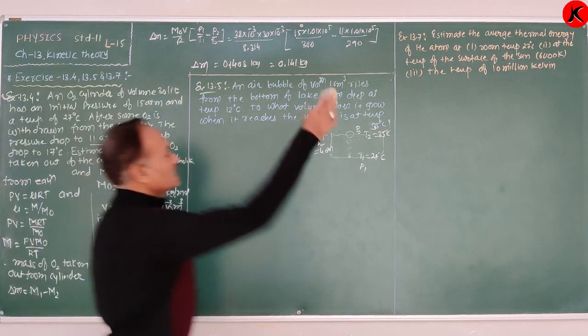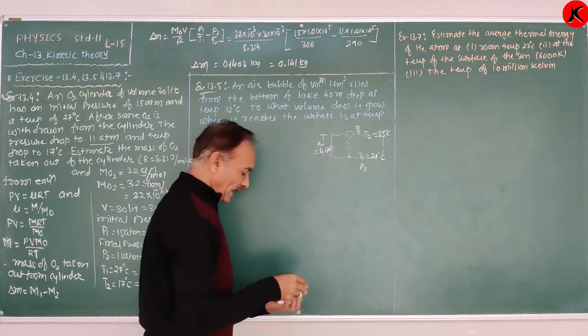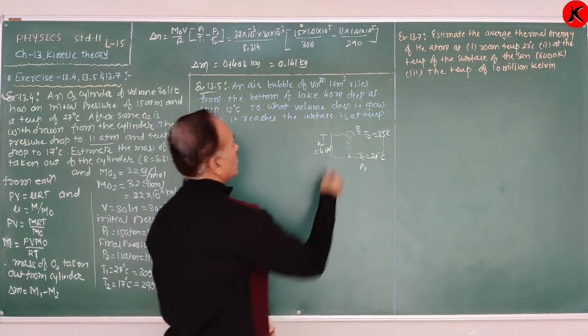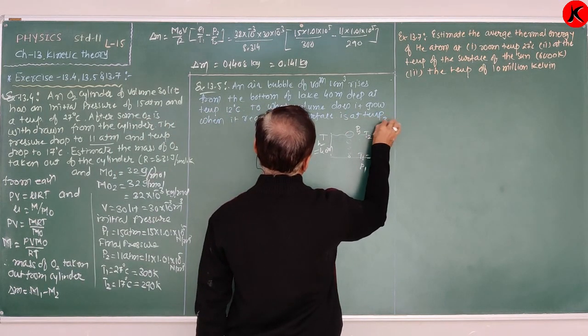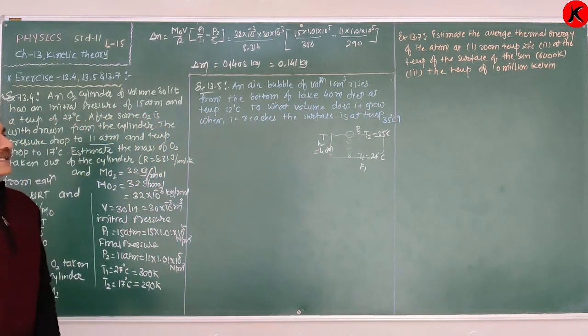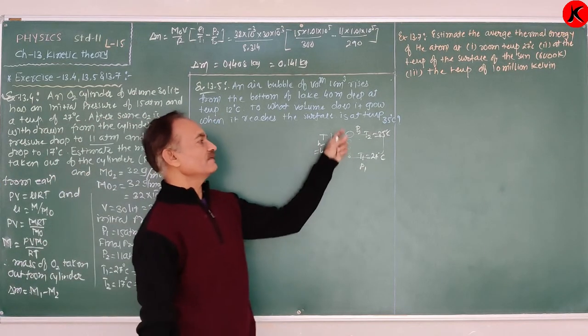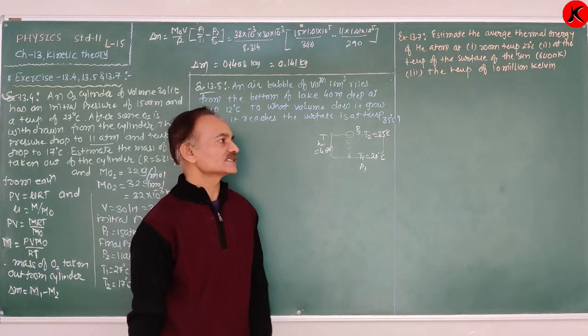When the air bubble reaches the surface at 35 degrees centigrade, by how much is the volume increased? That means we have to find the final volume of the air bubble: initially V1, on the surface V2.